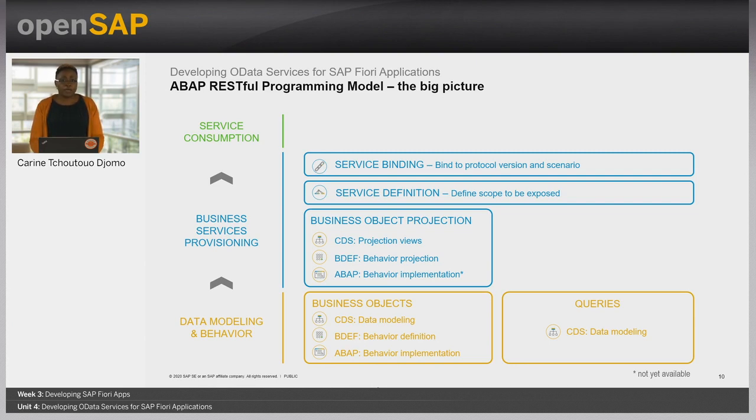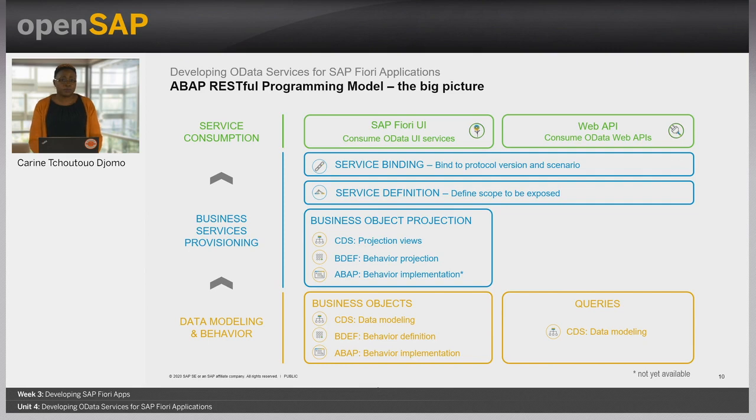At the top, we have the service consumption layer where the published OData services are consumed. Two use cases are supported here: the development of SAP Fiori apps and the consumption of the exposed web API by third parties.